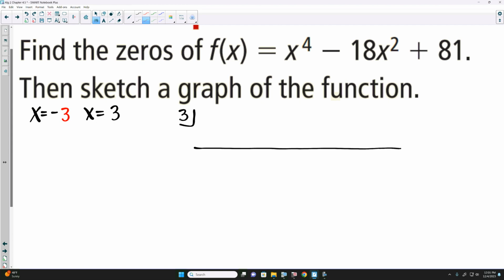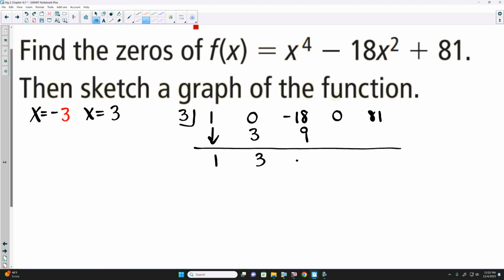And our numbers going across the top, we'd have 1 for x to the 4th, 0 for x cubed, negative 18 for x squared, 0 for x and 81. Then we can bring down the 1 and start doing our synthetic division. 3 times 1 is 3. 0 plus 3 is 3. 3 times 3 is 9.